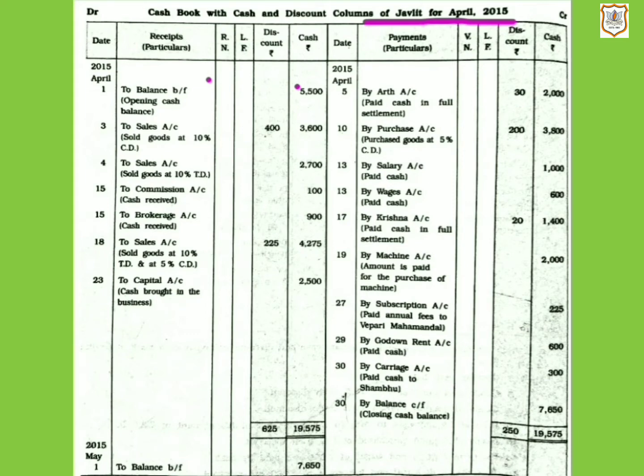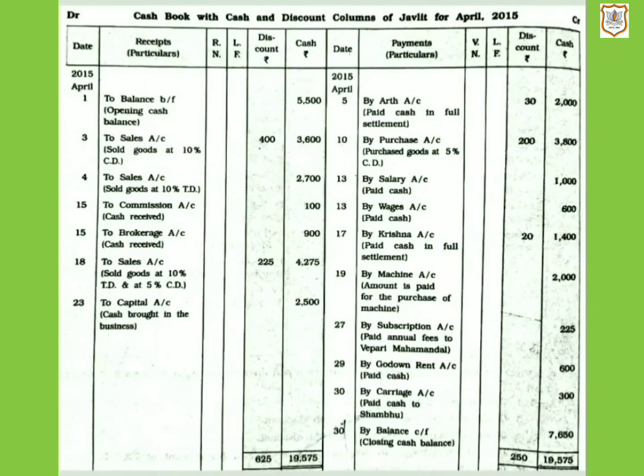Then date 3rd, goods of rupees 4,000 sold at 10% cash discount. Here we are selling goods, and by selling goods we are getting cash. So here cash is coming in the business. So it will be recorded on debit side of cash book.